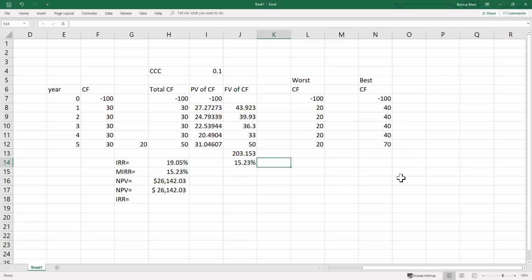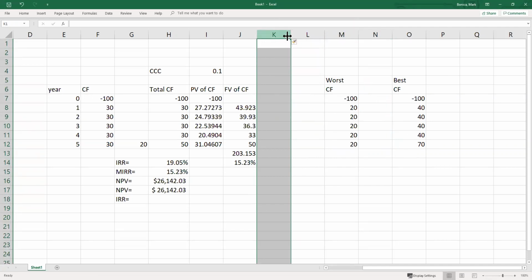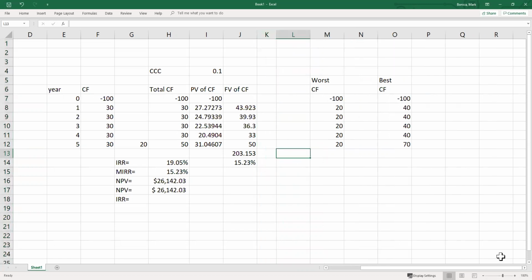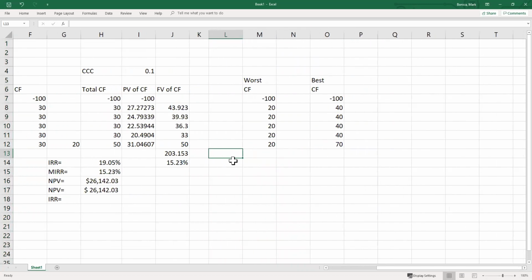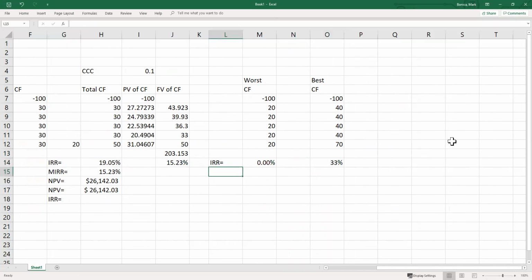Okay, so IRR would equal IRR, there's our IRRs. Let's see if we get a little more detail here. So it's 0 IRR. So that's not good.